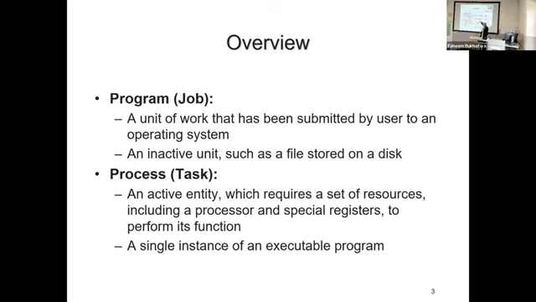A unit of work that has been submitted by a user to an operating system, we call a program, but it's an inactive unit. It becomes a process once it's allocated memory and CPU and starts executing. It becomes an active entity, and we create a PCB for it.